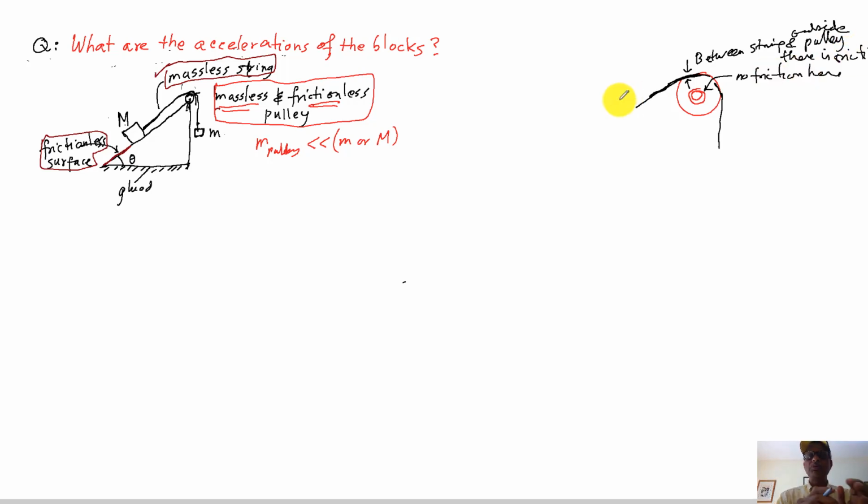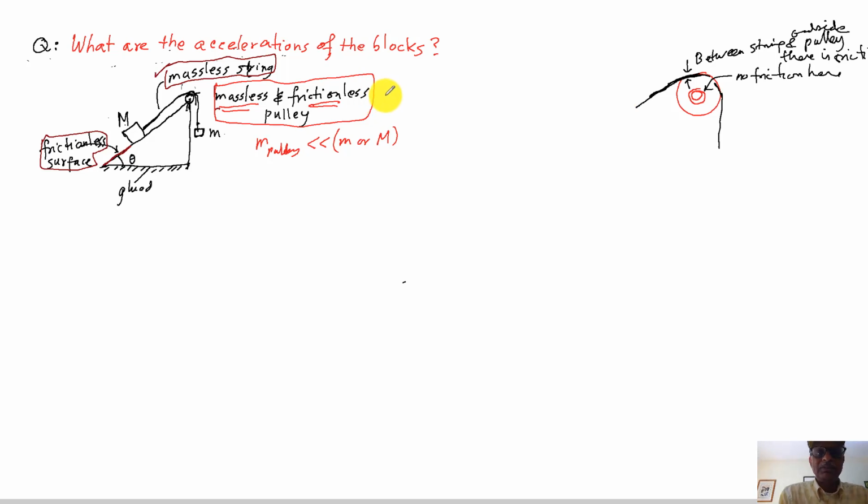We are going to assume that, so the pulley rotates smoothly rather than the string sliding off. Actually, our problem is the same even if there's no friction and the pulley does not rotate and the string just slides off, but that's somewhat unrealistic. We want a realistic situation and a rotating pulley. So that's the setup of the problem.